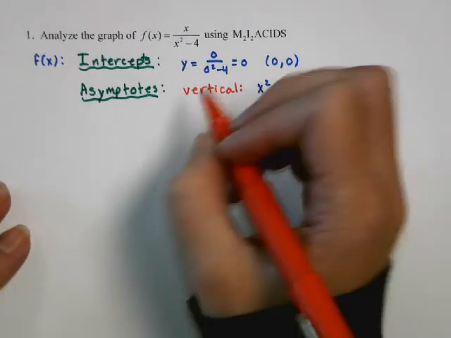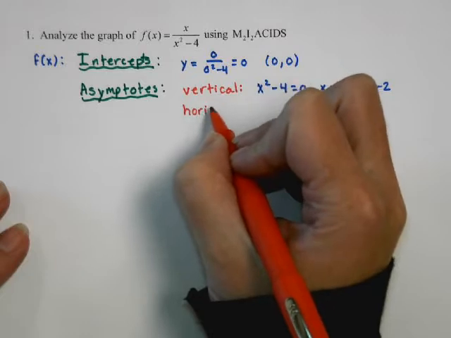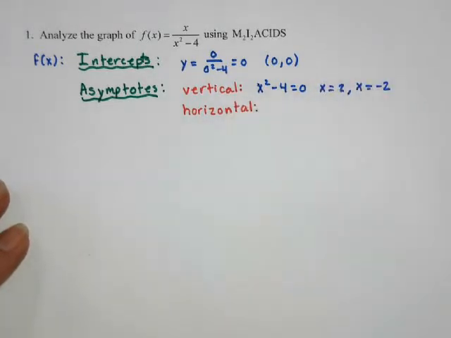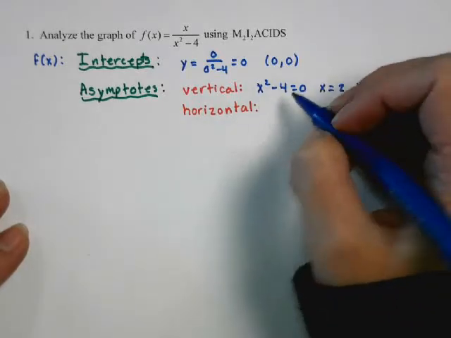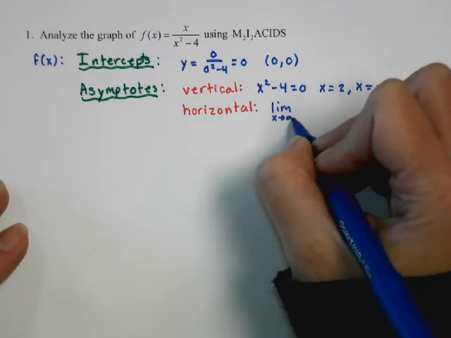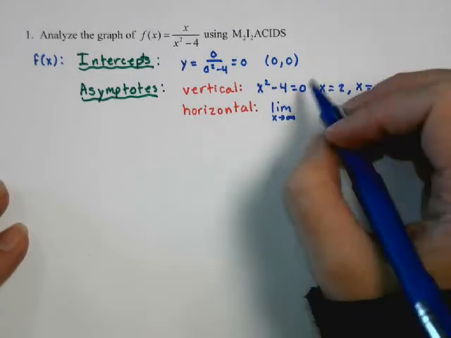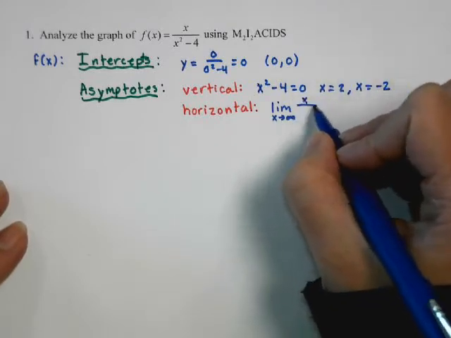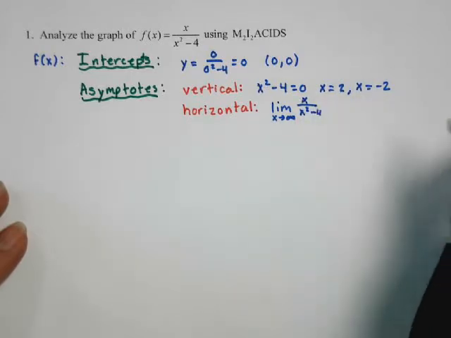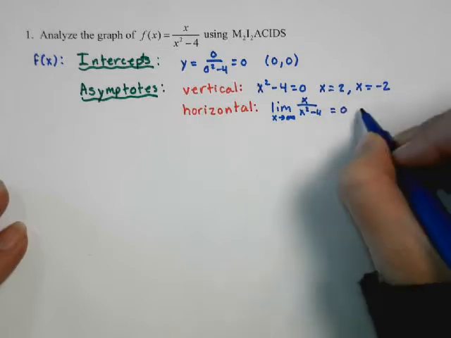For the horizontal, we're going to look at the limit as this goes to infinity. Okay, well, the degree is bigger on the bottom than the top, so this limit is 0.